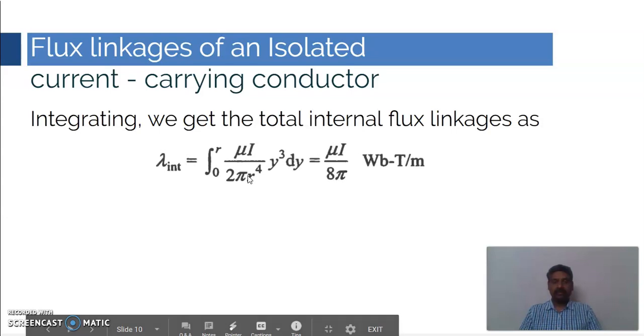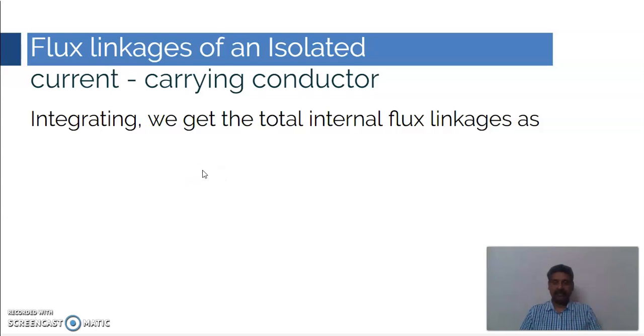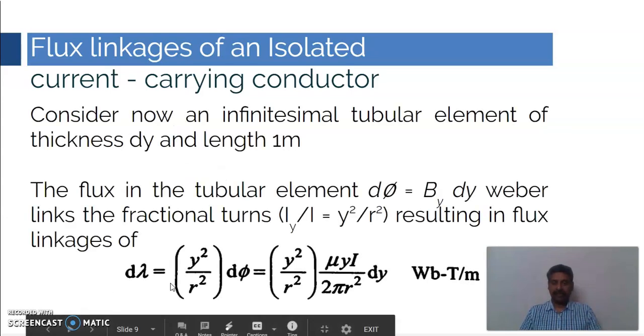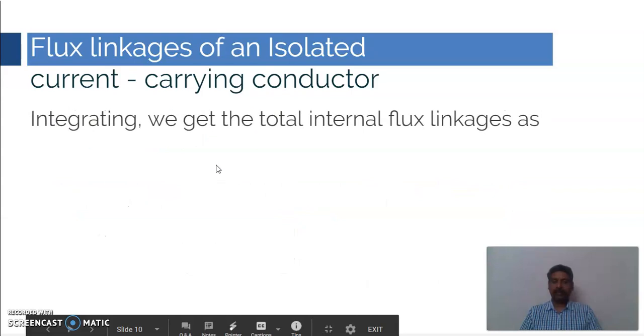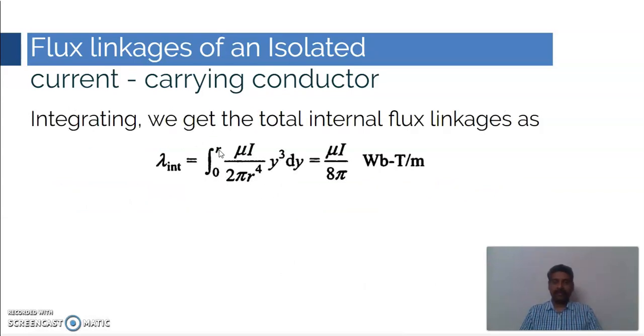Now we want to calculate the total flux linkages. We have calculated the flux linked with the tubular column. Now we want to generalize that flux linkage for the entire conductor. So the internal flux linkage can be written by taking the integral of this equation from 0 to r. 0 means the origin, to the surface of the conductor, that is radius r.